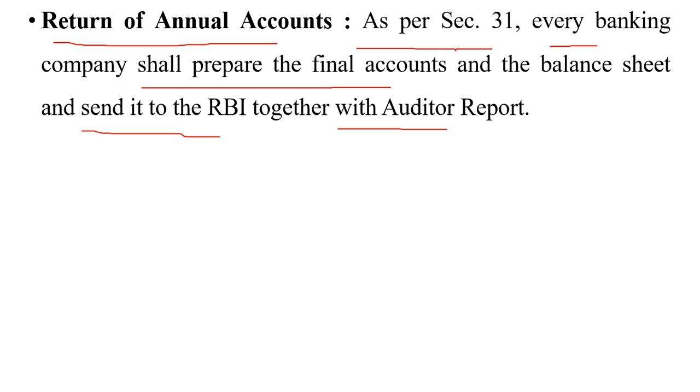So as per section 31, all the banking companies are required to prepare the profit and loss account and balance sheet in a prescribed format under the schedules. After it is prepared, along with the auditor's report, they are required to send it to RBI, and then they are required to publish it in their annual reports to the public.